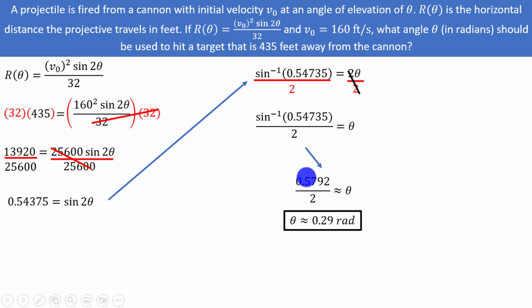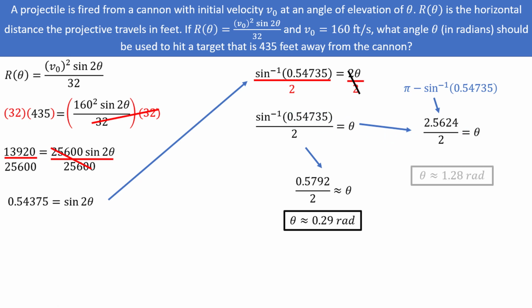Now 0.5792 is the same thing as inverse sine of 0.54735, so we can find the answer by taking pi and subtracting that. The result is 2.5624 radians. 2.5624 radians is another angle that also has a y coordinate on the unit circle of 0.54735.